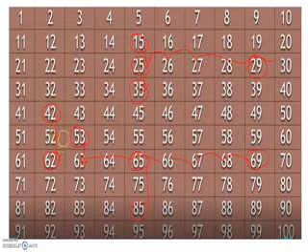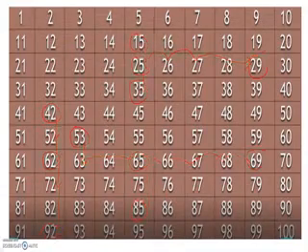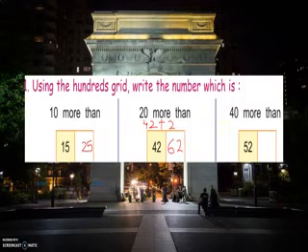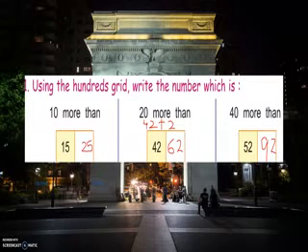And we have to move 4 times down. 1, 2, 3, and 4. So we reached 92. So our answer is 92. 52 plus 40 is 92. So this is how we can add tens and ones to any number using hundreds grid.